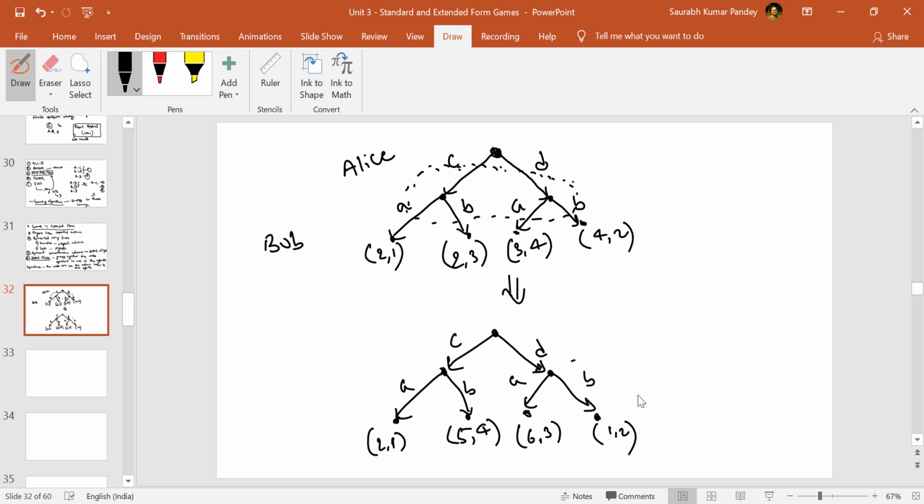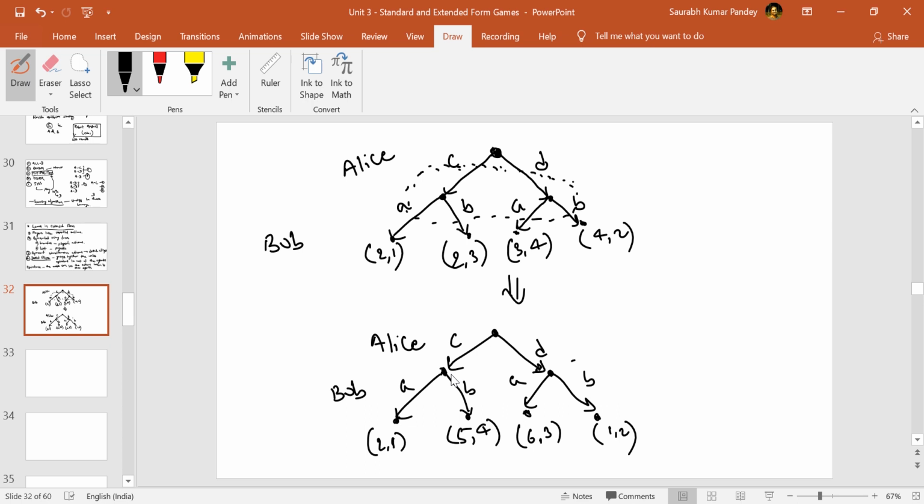So now in this particular case, Bob will choose B when Alice chooses C. Why? Because if C, Alice is getting some utility more than Bob, so Bob will try to increase his utility also.